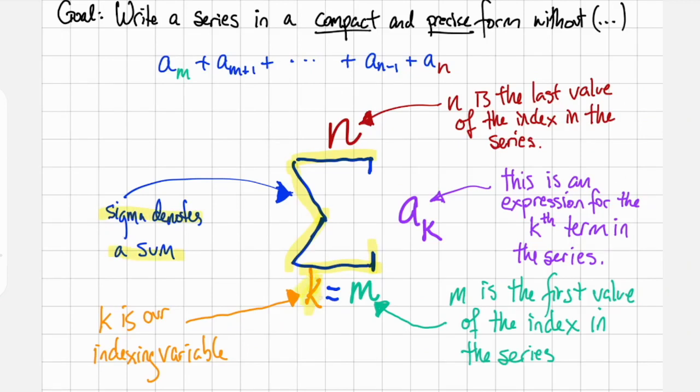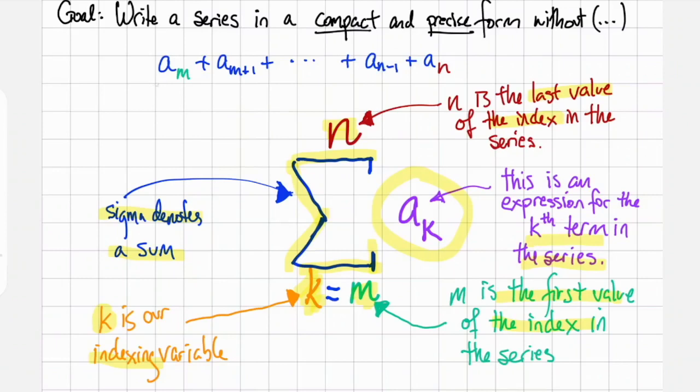This k down here is telling us that we're going to use k as an index. This m here is telling us the first value of the index in the series. This n corresponds to the last value of the index in the series. And whatever comes after the sigma sign is an expression for the kth term in the series.